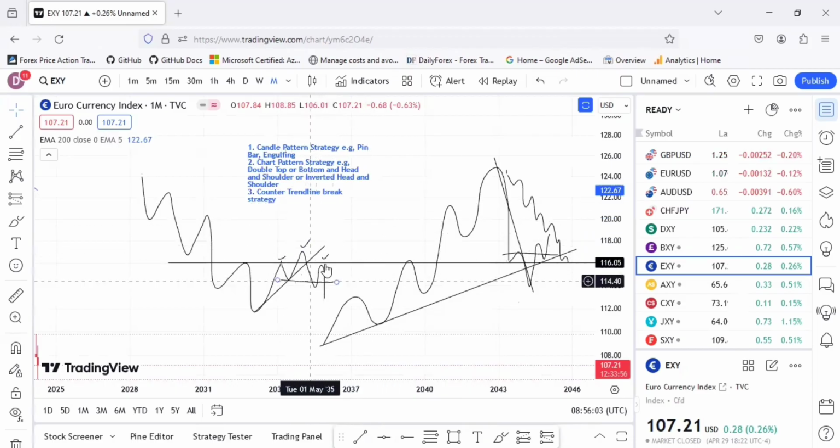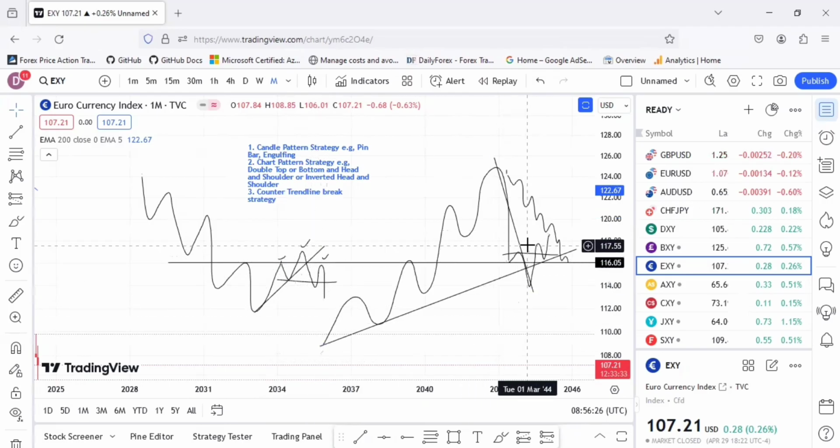You must see all those patterns at your location before you conclude on your buy or sell decision. Then we talked about counter trend line break, where you make sure the price first of all breaks the counter trend line, breaks the structure, then retraces before you sell or before you buy.